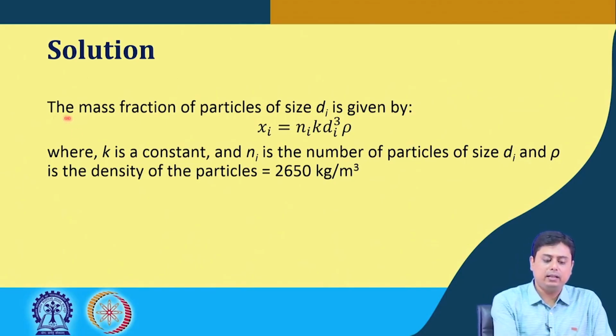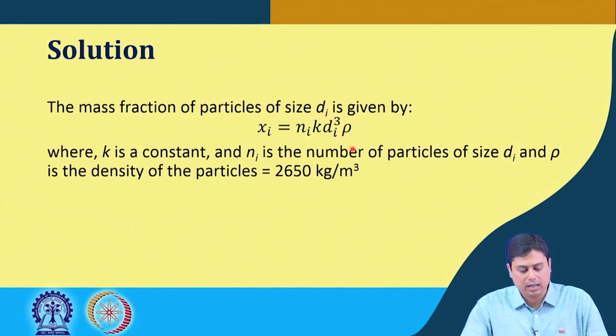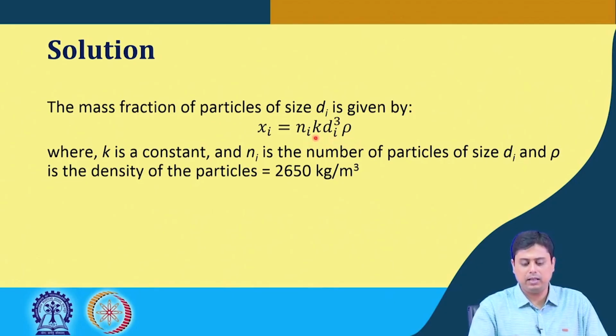The point is that the mass fraction of particles of size di is given by these expressions that we have already seen in the last class, that xi is the mass fraction, ni is the number of that particular size of the particle, k is a shape dependent factor, d is the diameter of that sample of particular size range, and rho is the density of the solid particles.